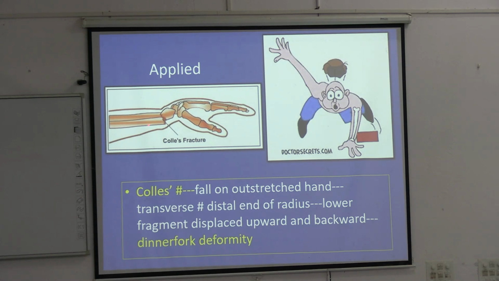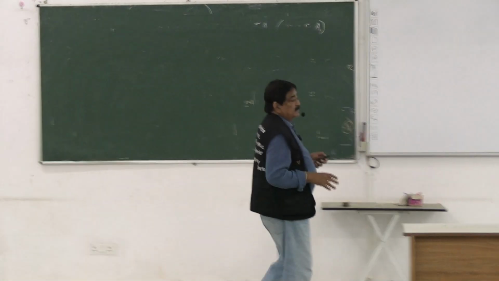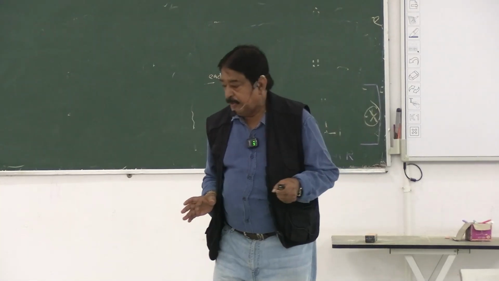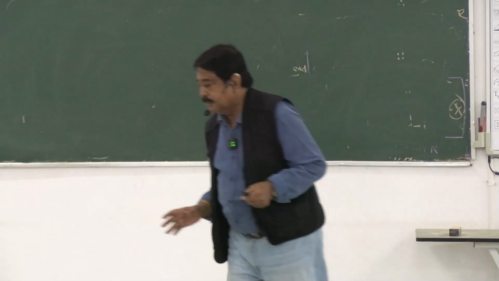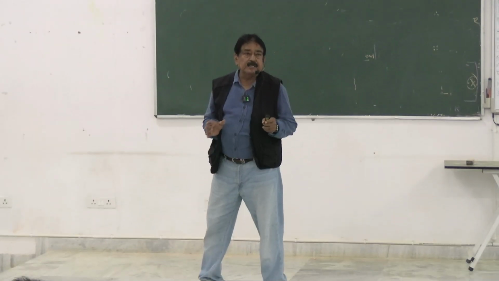Now, this is a very common fracture, especially in aged ladies. And what happens? You skid. Suddenly that lady is walking like this and skids. What's the first nature's reflex?